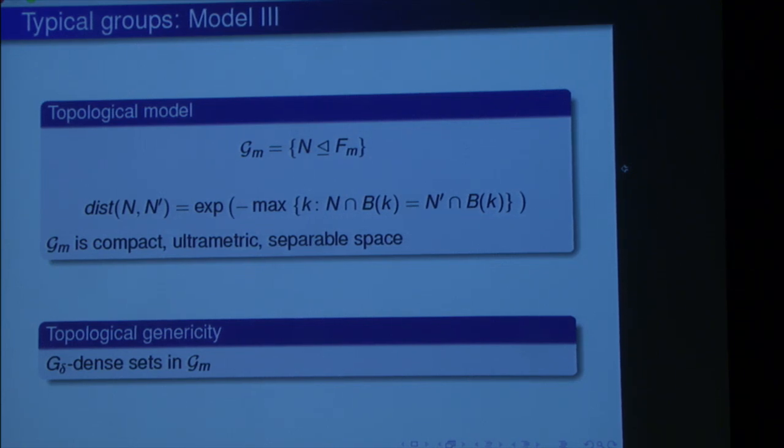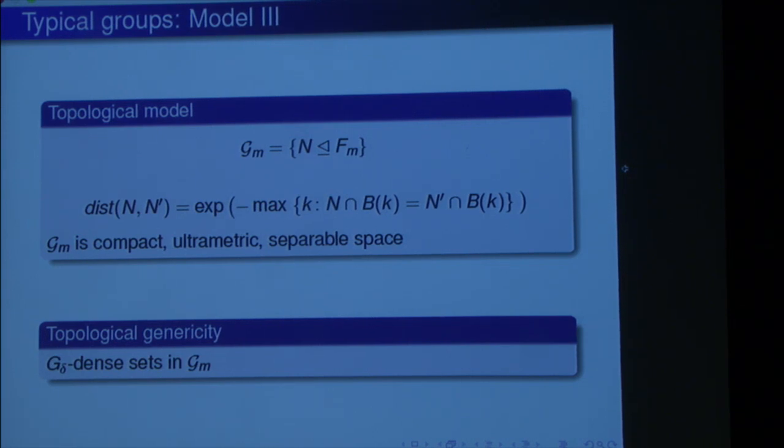If you prefer to see it on a Cayley graph, the distance will be exponential minus k when the balls of radius (k minus 1) divided by 2 are the same, because it's a radius. These two balls will be the same for one group and another group. Okay? Is it clear? Exactly the same as labeled graphs.